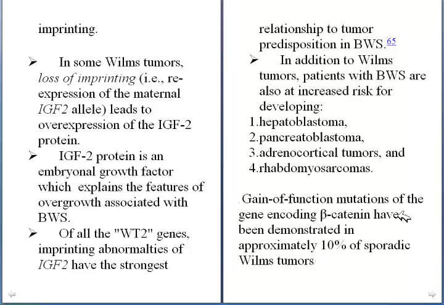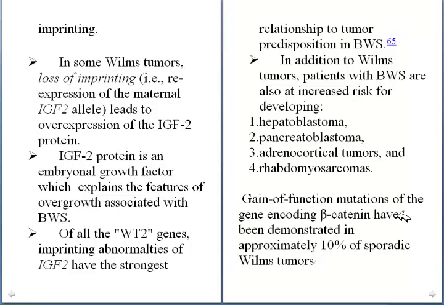So this is the re-expression of the maternal IGF-2 allele, and that leads to overexpression of the insulin-like growth factor 2 protein. And because this insulin-like growth factor 2 protein is an embryonal growth factor, this explains the features of overgrowth which are associated with this syndrome. You had seen adrenocytomegaly, macroglossia, organomegaly, and all those megaly things.